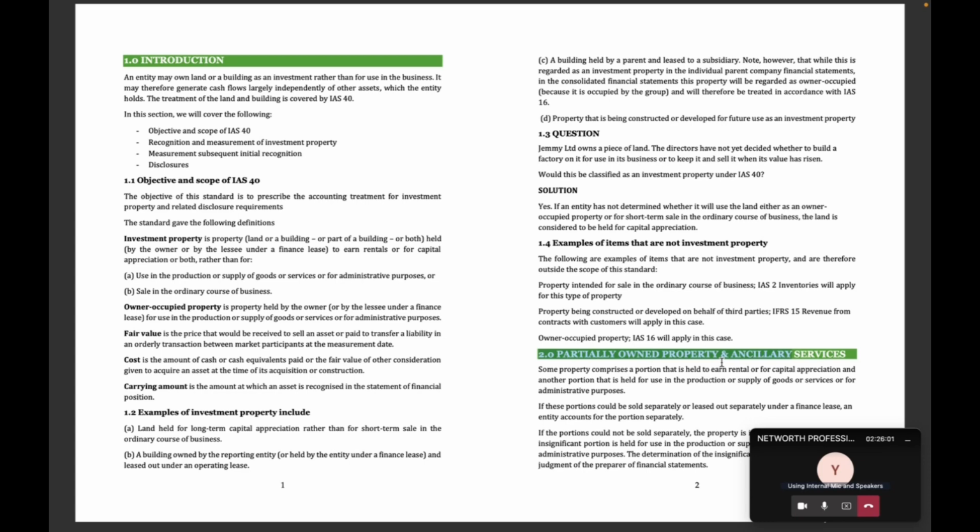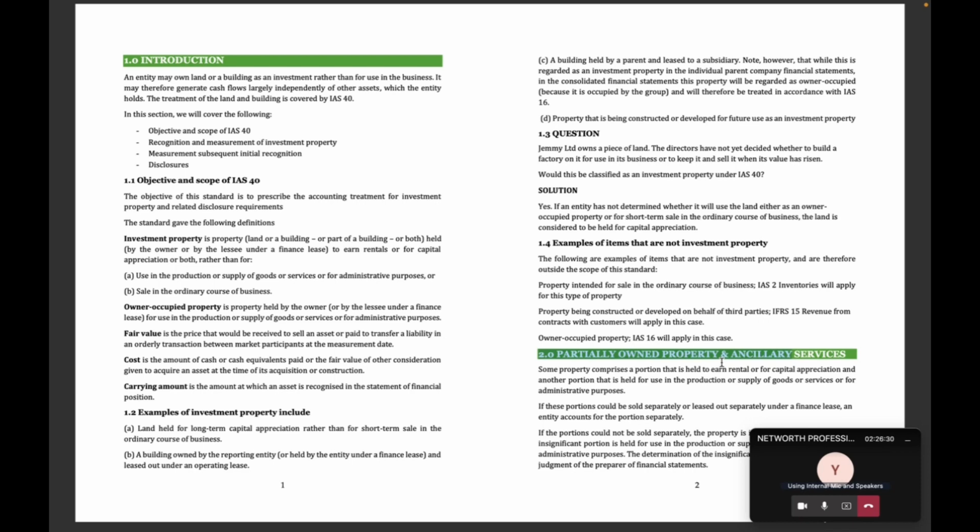So the challenge becomes, is this building going to be PPE or investment property? Just like that KPMG building, for example. Let's assume the owner also occupies 2 or 3 floors and lets the remaining floors out. In his own books, is he going to put that building as investment property or as PPE?